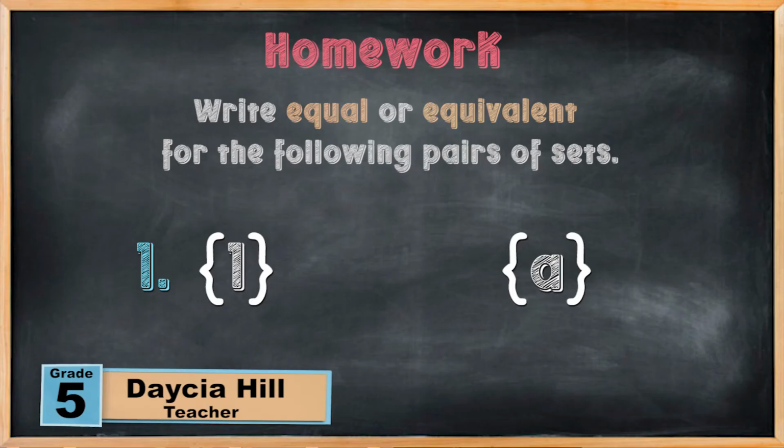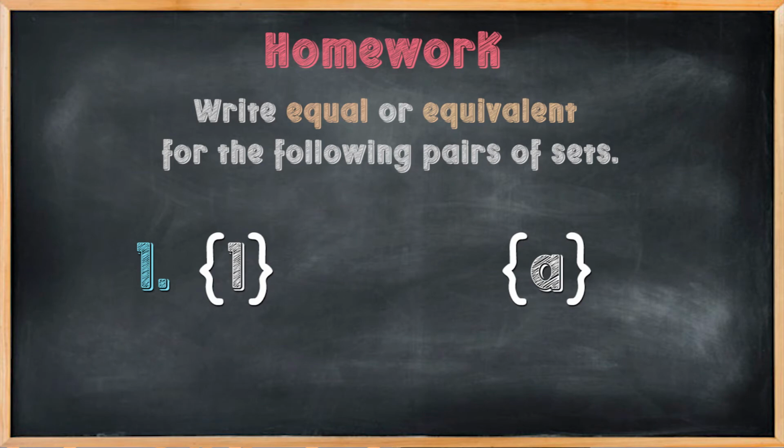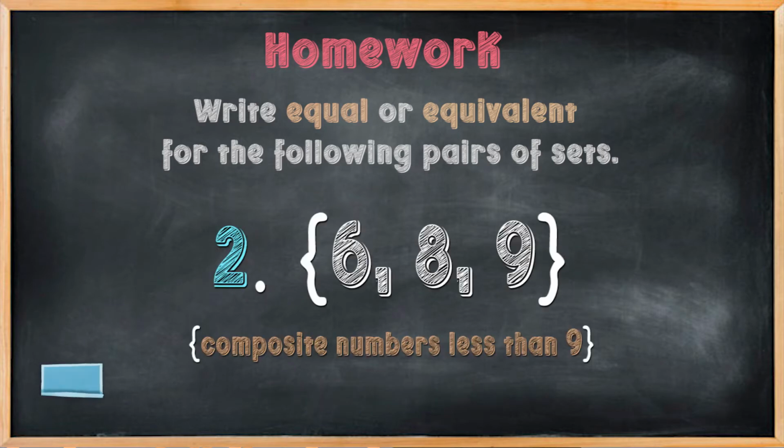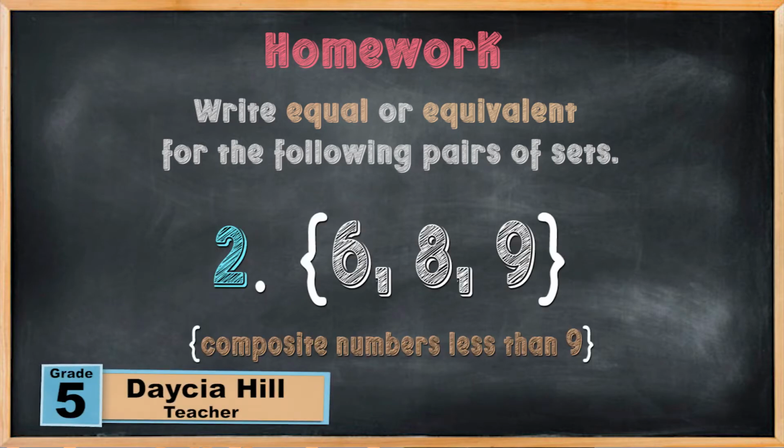Now, because the two sets have different members, we are sure that they are not equal. However, they both have one member, so they are equivalent. Number 1, equivalent.